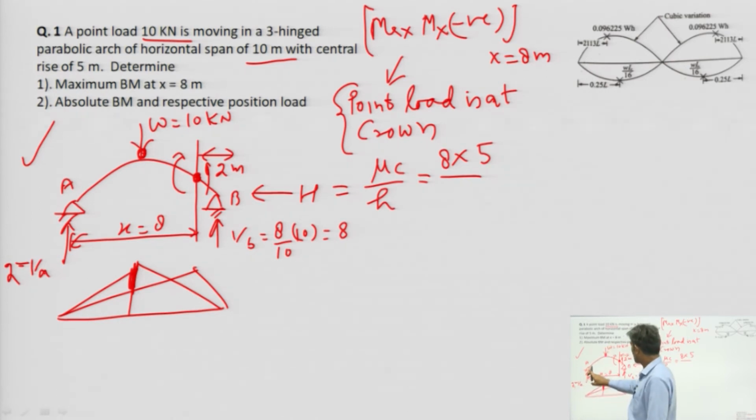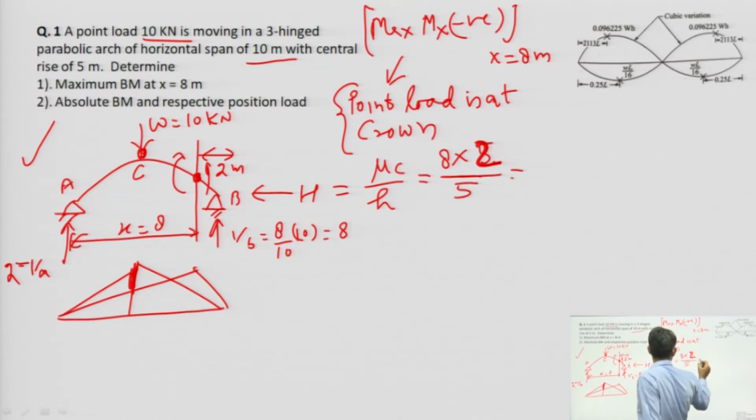So, it is B moment at here, it is 2 into 8, okay, beam moment at crown, okay, take this one part, and h is rise, given as 5 meter. So, this is the value of h, this is 16 by 5. Okay.